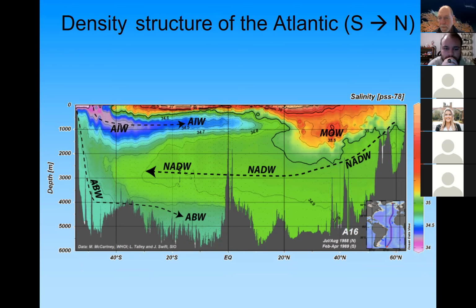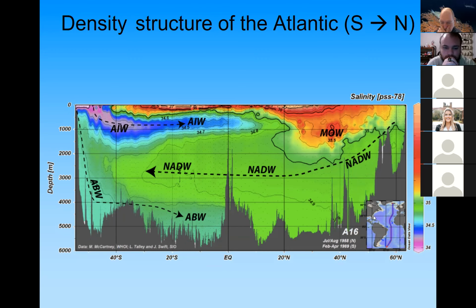And I've also hinted that these water bodies don't tend to mix very well with each other. So once these bodies form, their temperature and salinity characteristics tend to be preserved.